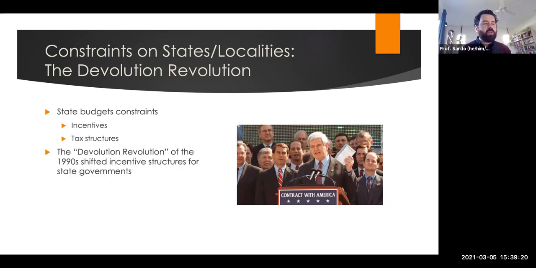The devolution revolution of the 1990s shifted the incentive structures for state governments, because the federal government is able to really influence public policy by the types of grants it uses, right?